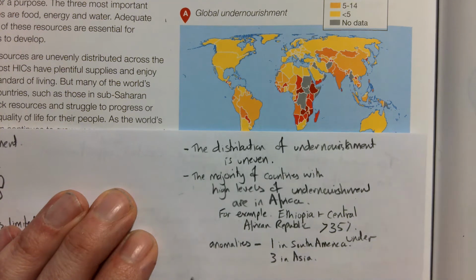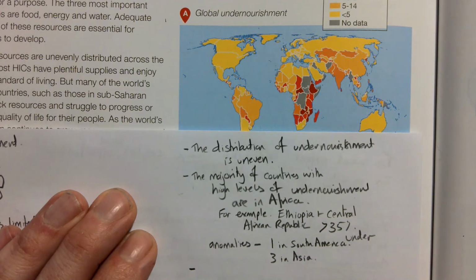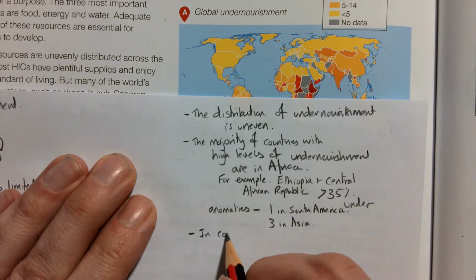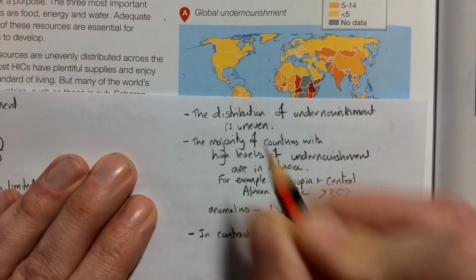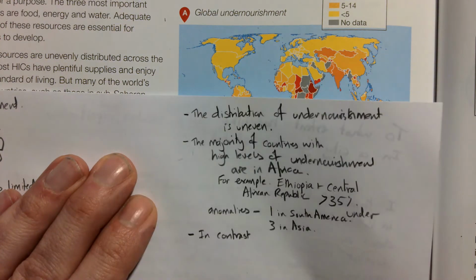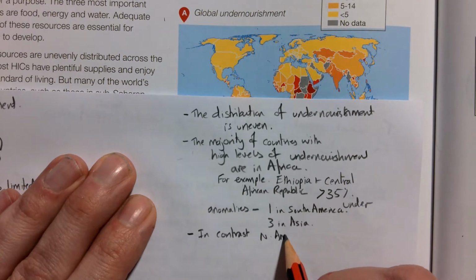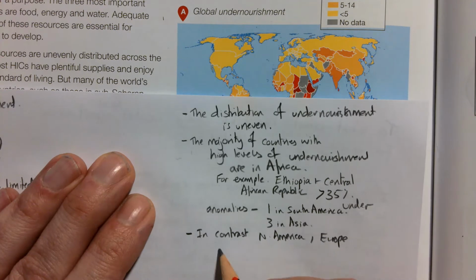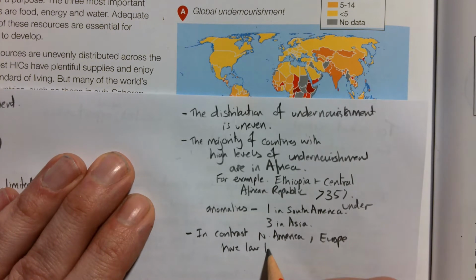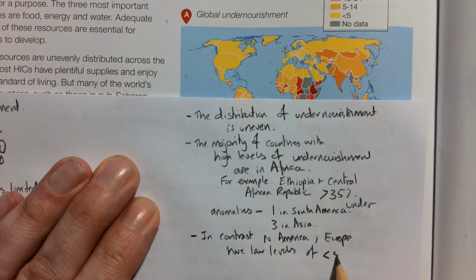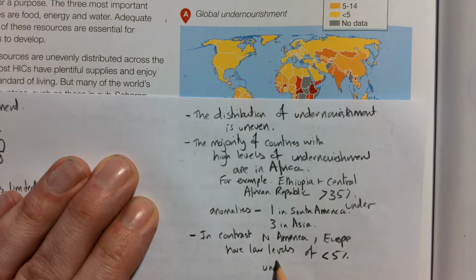Now, just to finish it off, we want to point out the areas where there are very low levels of undernourishment. So you could say, in contrast, North America, Europe, and Oceania have low levels of less than 5% undernourished.